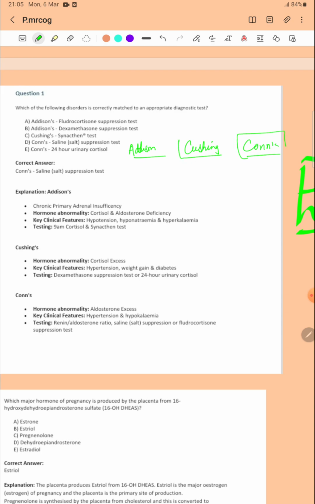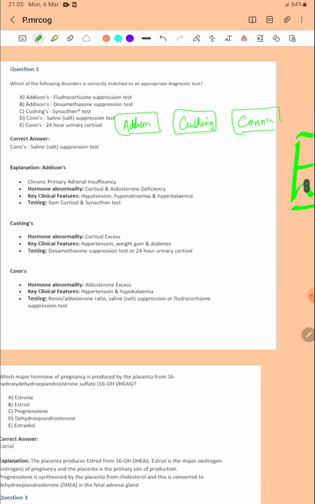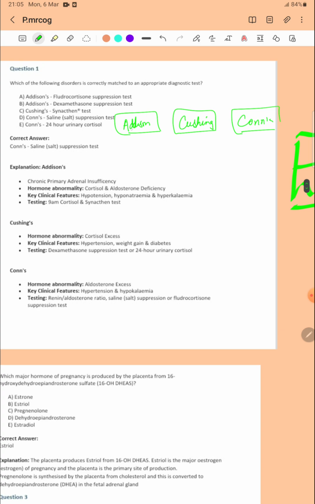Let's compare them. In Addison's disease, the most common cause is chronic primary adrenal insufficiency, and the hormone abnormality is cortisol or aldosterone deficiency.